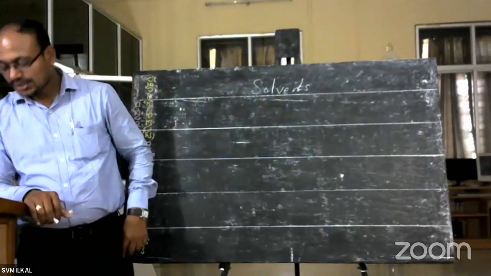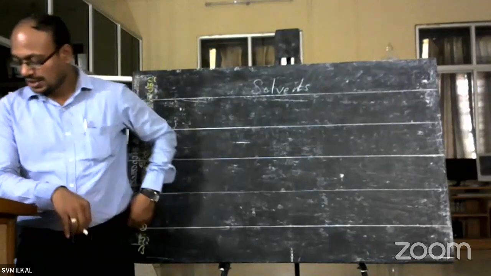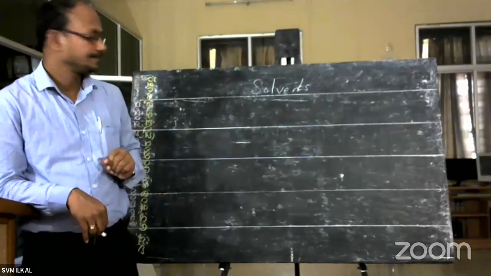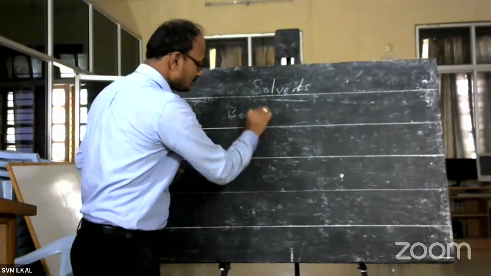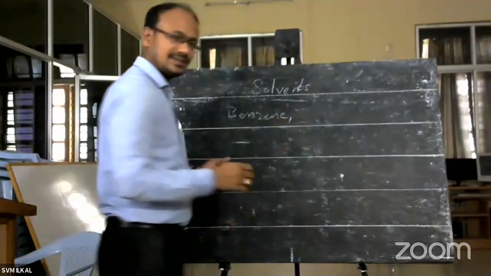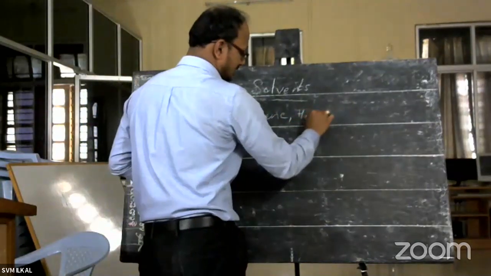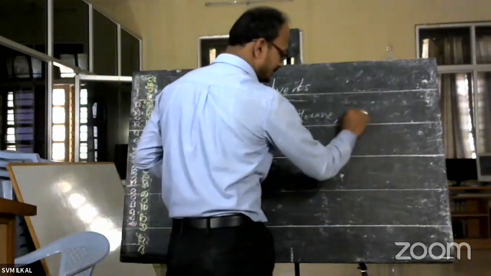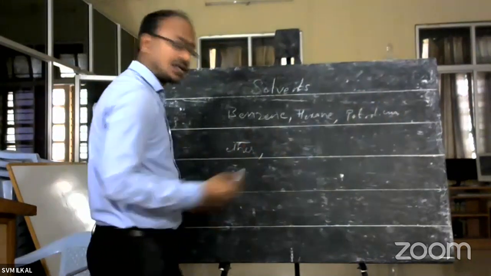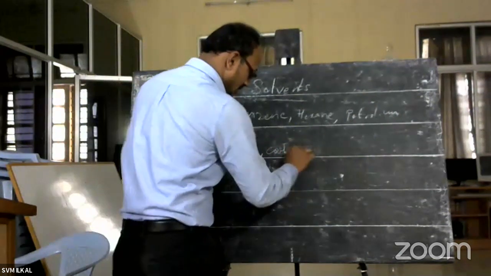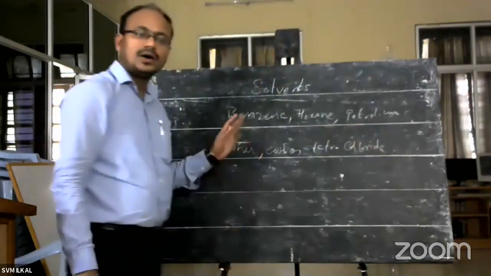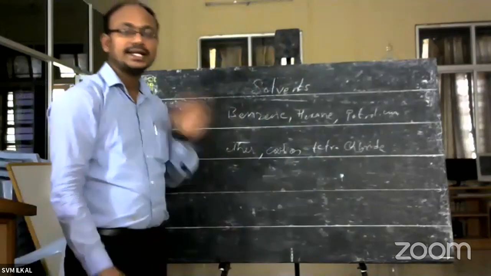They do not ionize at all and are called non-ionizing solvents. Examples: benzene, hexane, petroleum ether, carbon tetrachloride. All these are organic solvents.